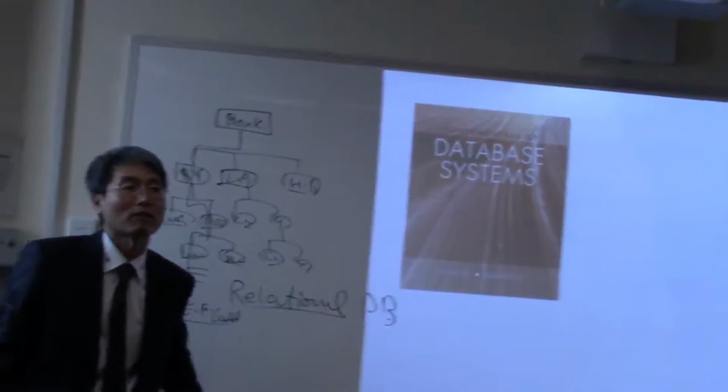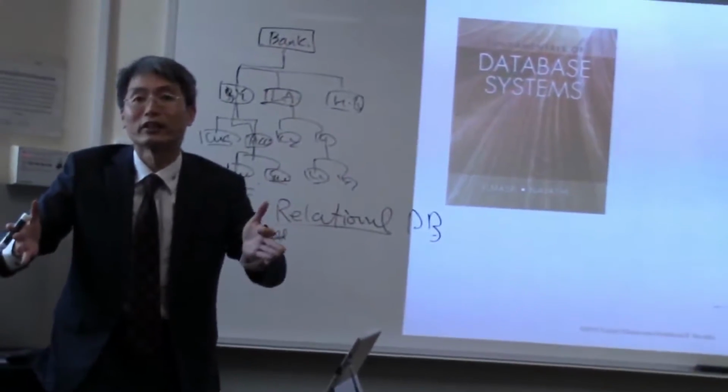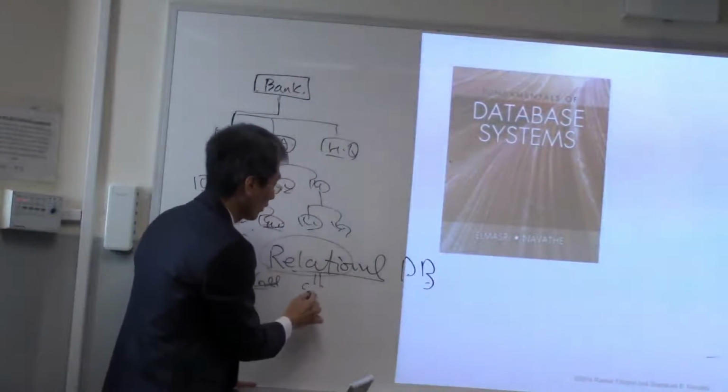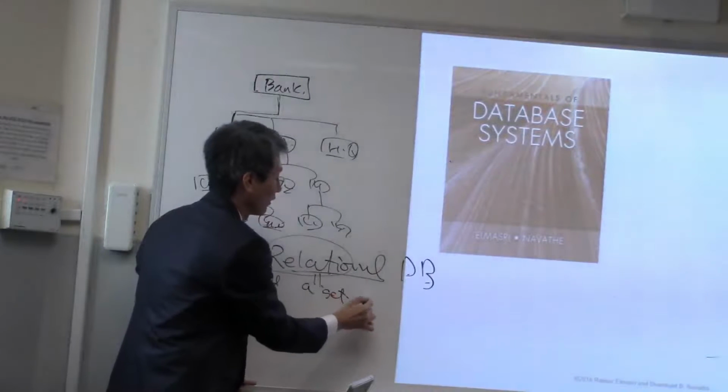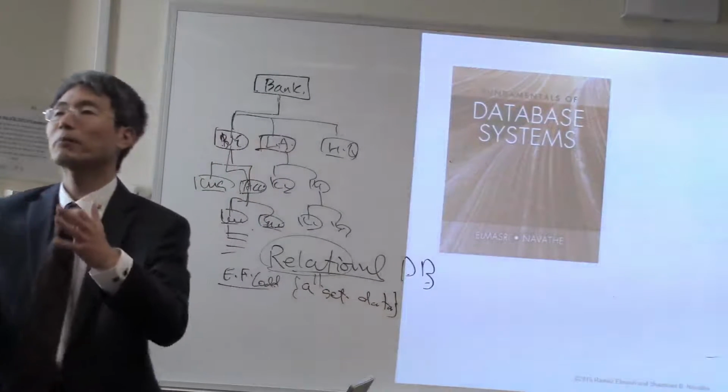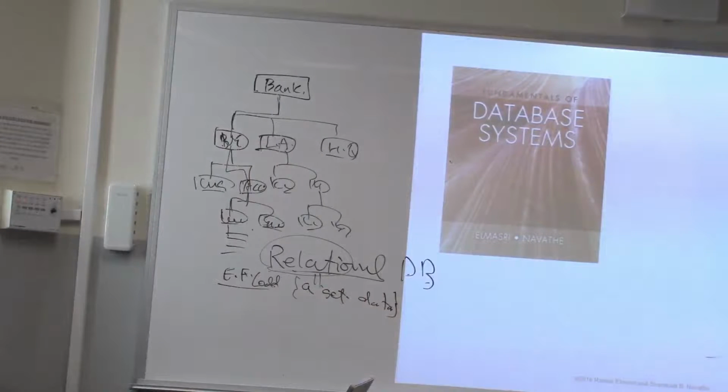Yes, that's true. When Dr. E.F. Codd, who proposed this idea, named it a relation, it was because the data are related. But actually, the definition of a relation is a set of data. We consider data not separately but as a group. So that is a relation.